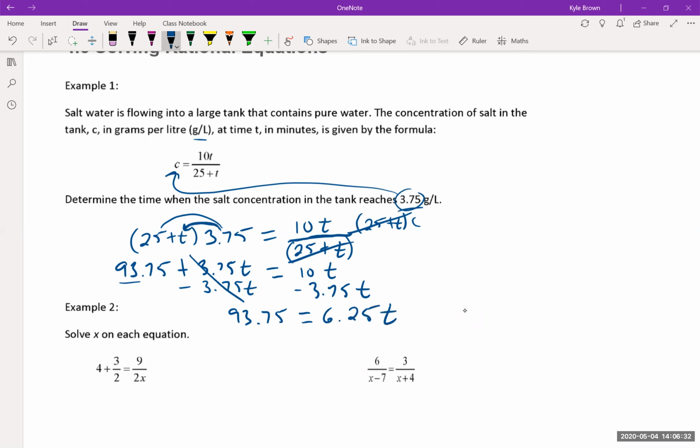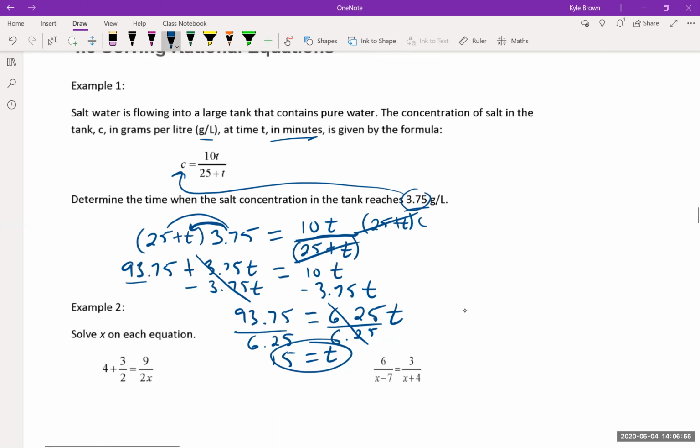And then very last step, we just need t on its own. So we're going to divide both sides by 6.25. And that all comes out to 15. So t was equal to 15 there. That would be the time taken in minutes.